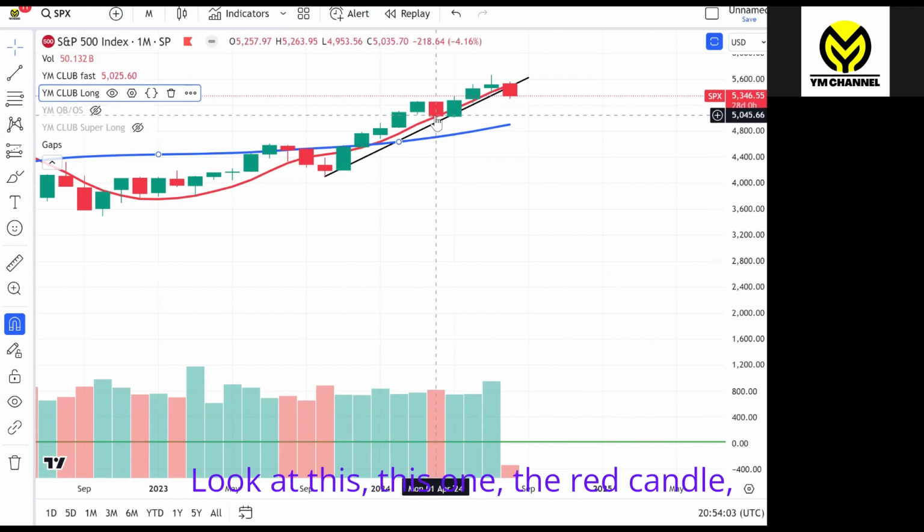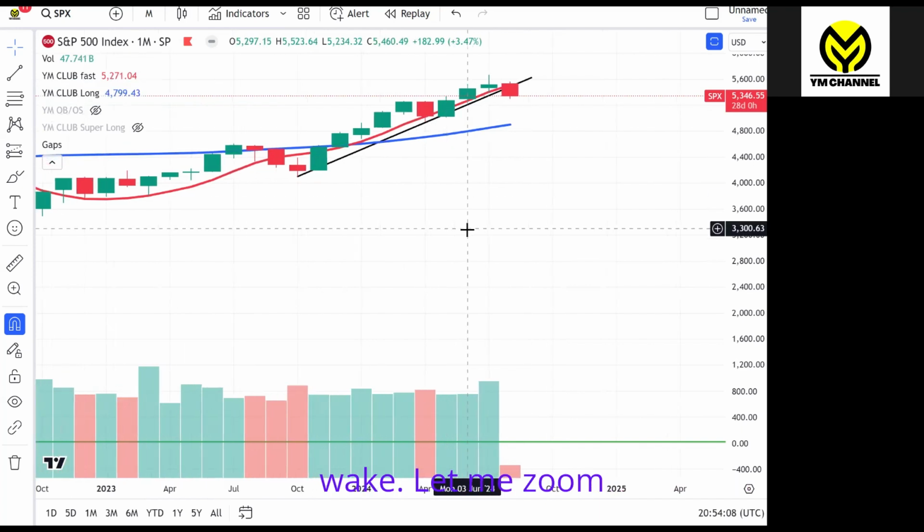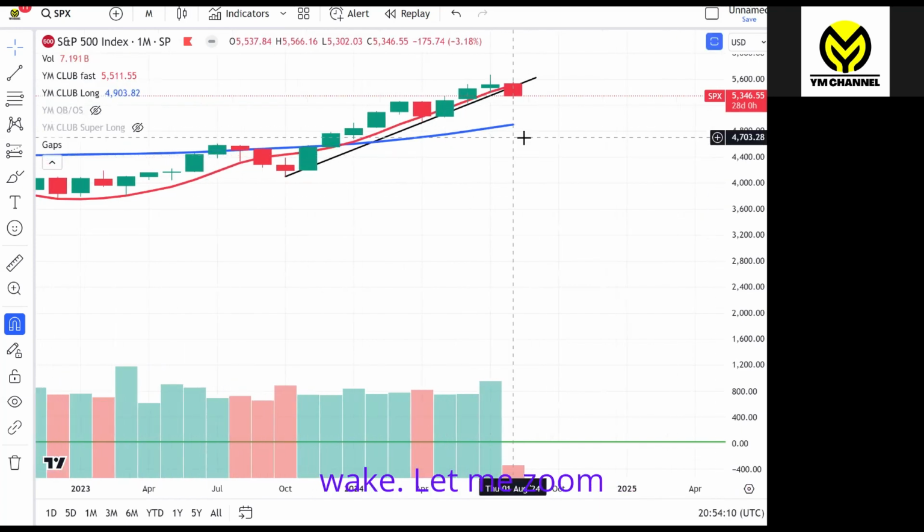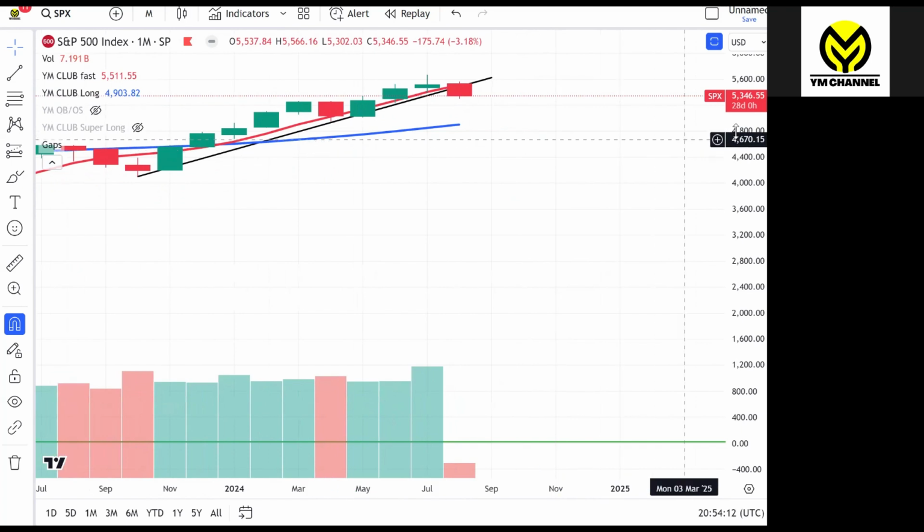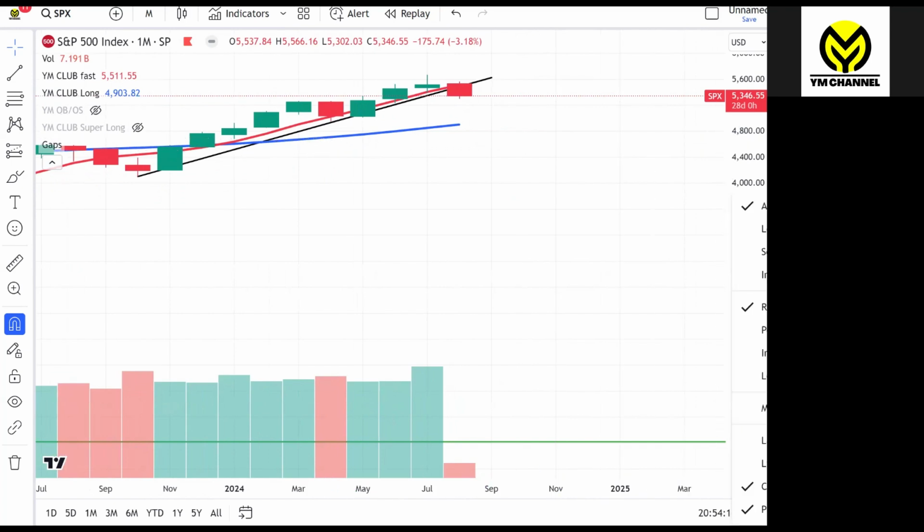Even these two candles actually stayed above this red line. Why? Look at this one, the red candle. They just touched it, they closed, and they have a wick. Let me zoom in so you have a better view.